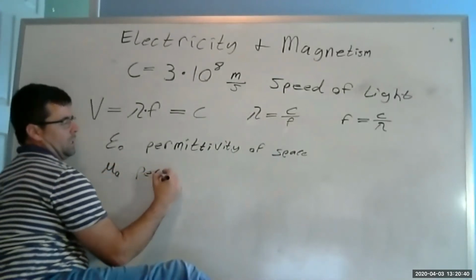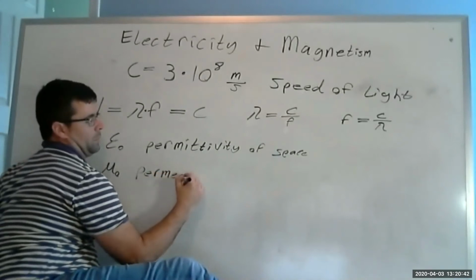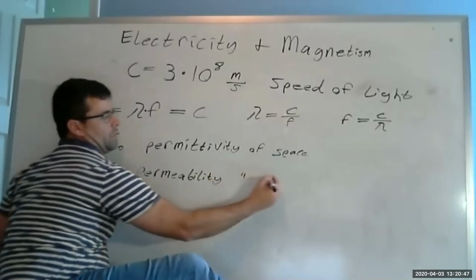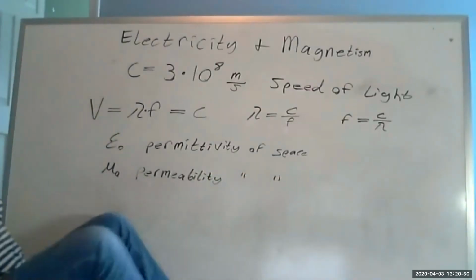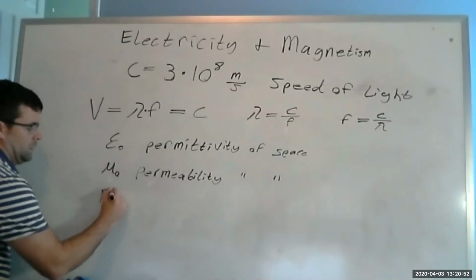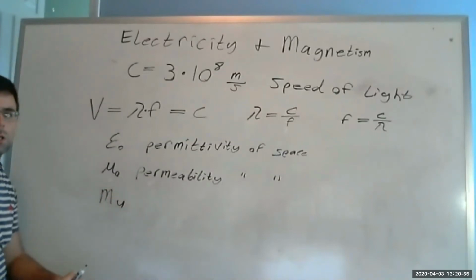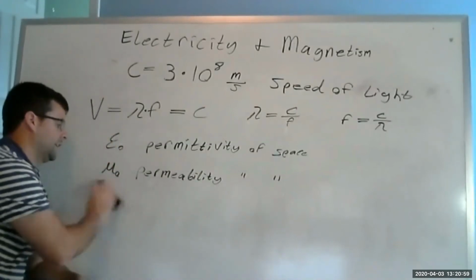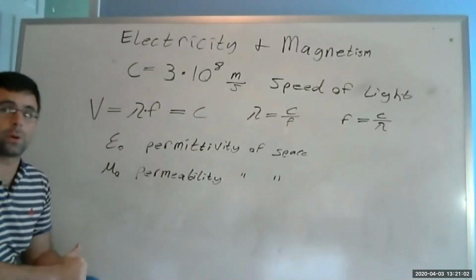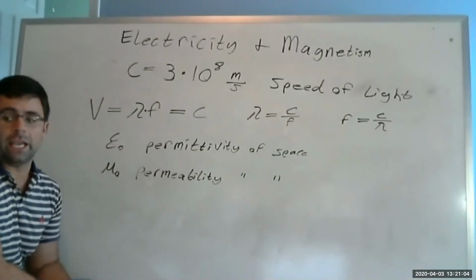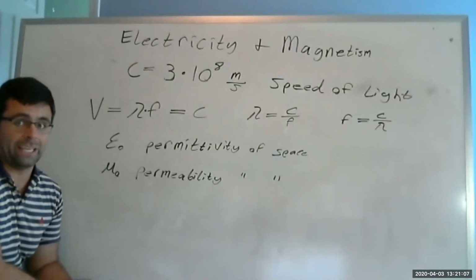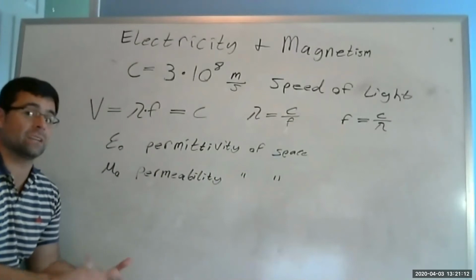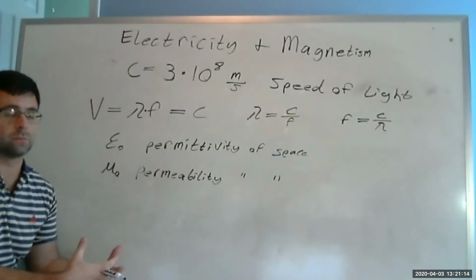And this is the permeability of space. It's not a u, it's a mu, which is a Greek letter. It's a lowercase mu, and it's the permeability of free space. And in the same vein, it is how easy is it for magnetic fields to exist in space.